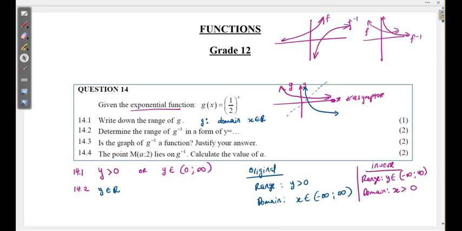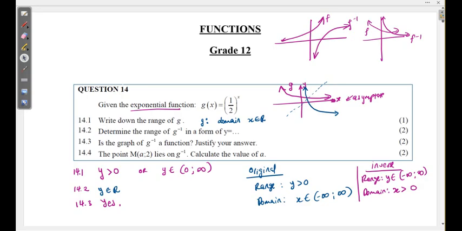And now for 14.3, it says, is the graph of the inverse of g a function? Justify your answer. Yes, it is a function. Great stuff. So our answer should actually be yes, it's a function. Why?